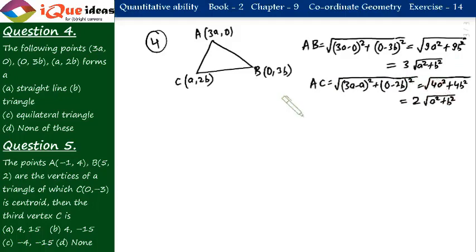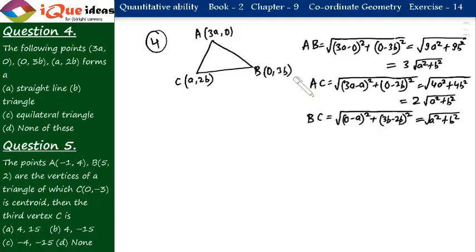And similarly we can calculate BC. BC would be equal to square root of (0 minus a) square plus (3b minus 2b) whole square. Alright, so it is equal to root of a square plus b square.